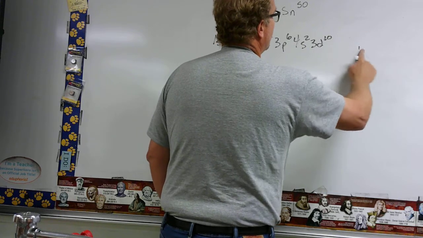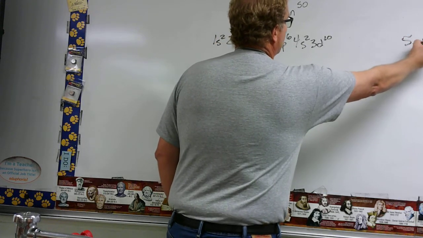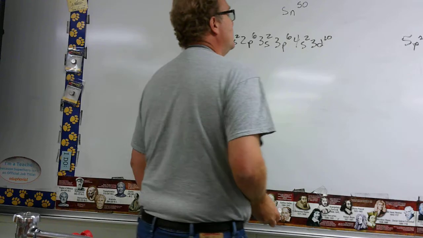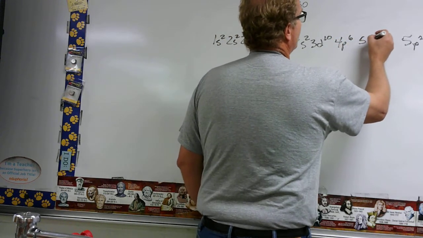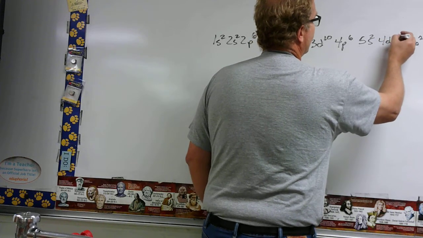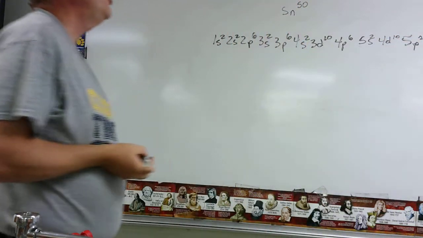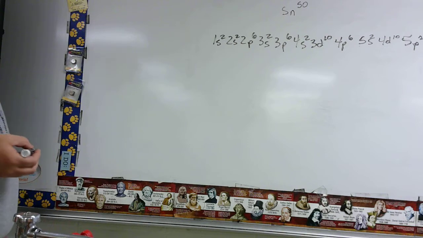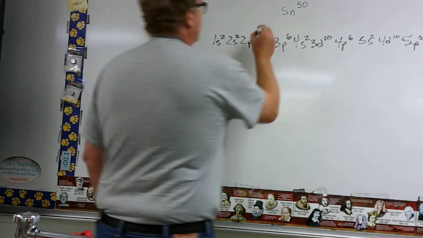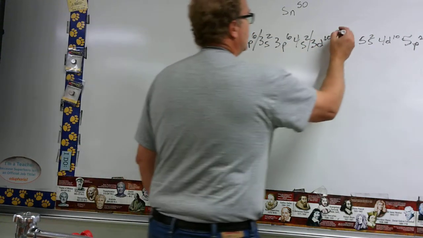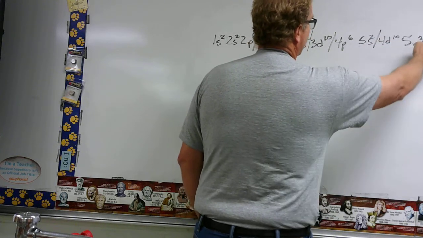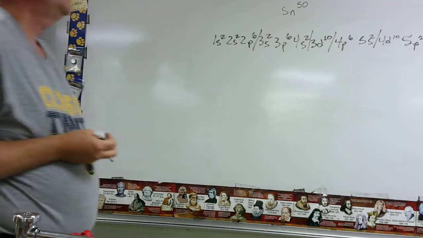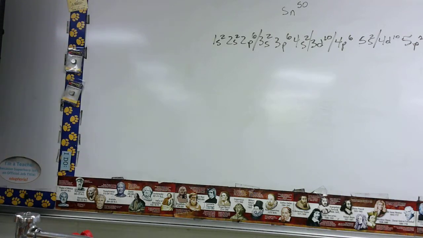Let's make some more space. 5p2 is way out here. 4p6, 5s2, 4d10, and 5p2. If we count it in the different sections, it's 10, 20, 30, 38, 48, 50, which matches up with Sn.